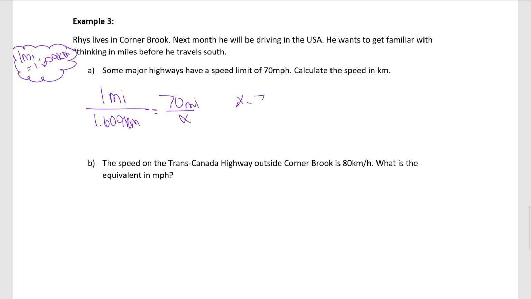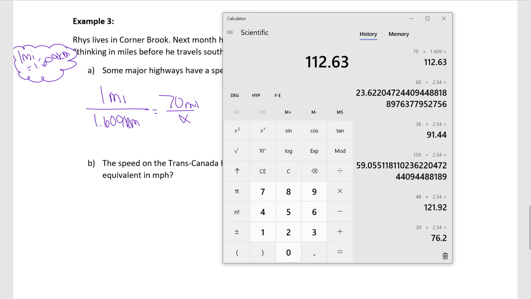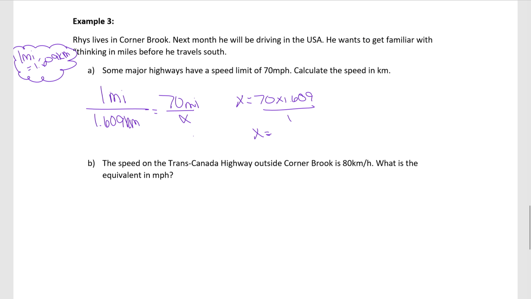So we're going to end up with 70 times 1.609, and let's see what we get. 70 times 1.609 is 112.63. So we'll just say kilometers. So 70 miles an hour is about, let's say, 113, we'll round, kilometers per hour.